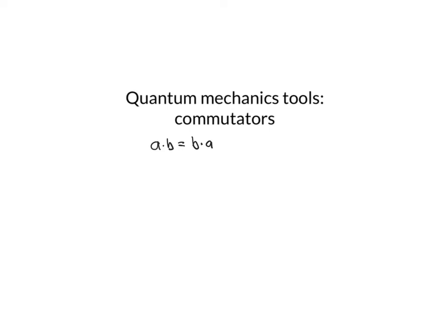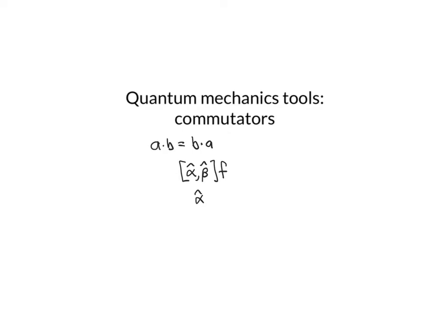With operators, it's a little bit tricky though, because here we're talking about doing an operation on a function. And we represent a commutator like this, where we have operators alpha and beta, and let's say that they are operating on a function f.